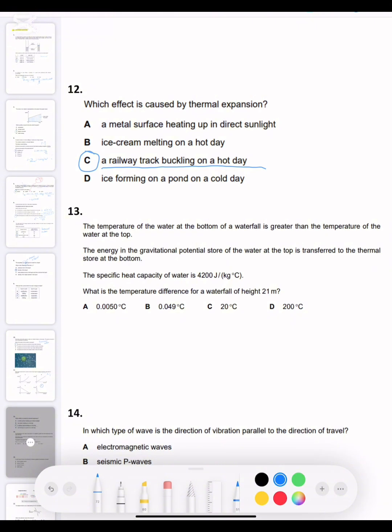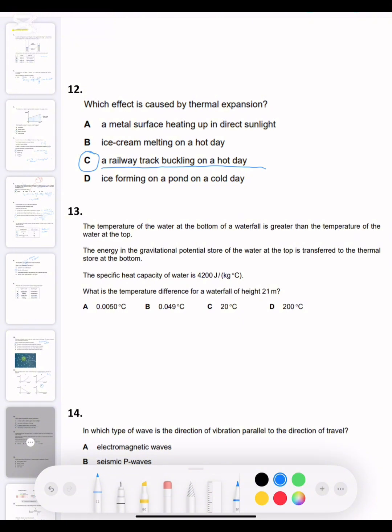Question number 13. The temperature of the water at the bottom of a waterfall is greater than the temperature of water at the top. The energy in the gravitational potential store of the water at the top is transferred to the thermal store at the bottom. The specific heat capacity of water is 4,200 joules per kilogram per Celsius degree.